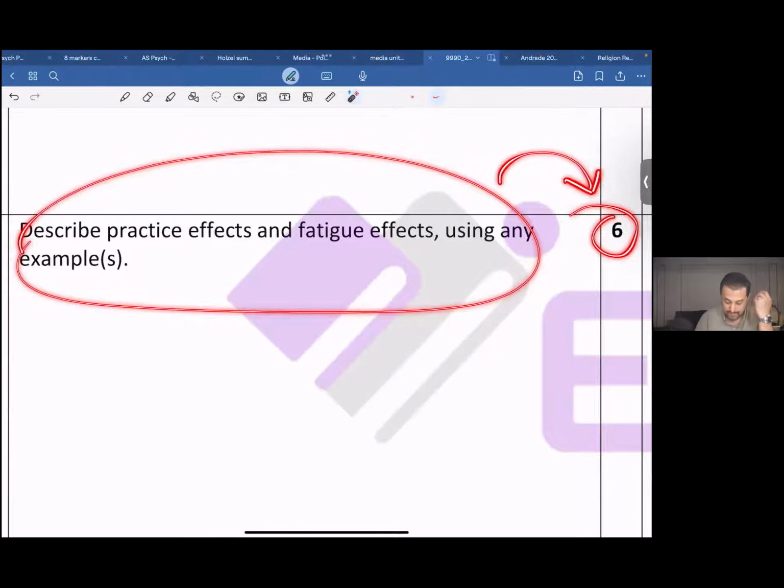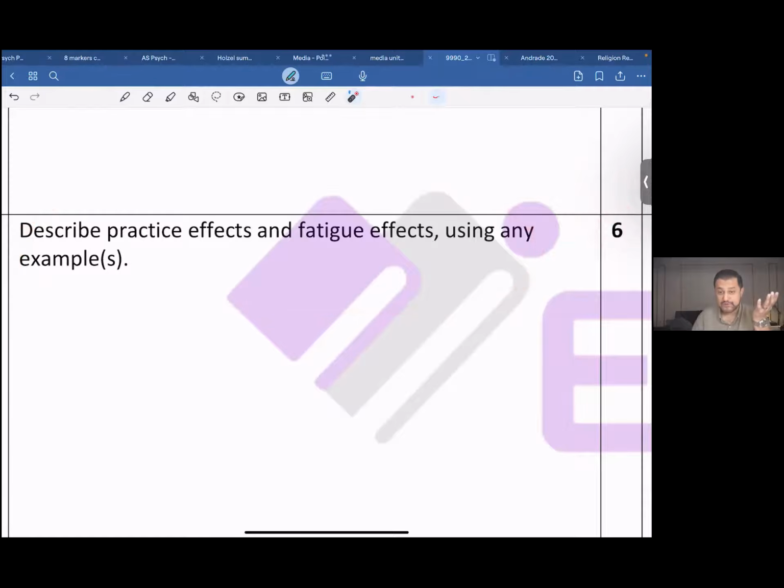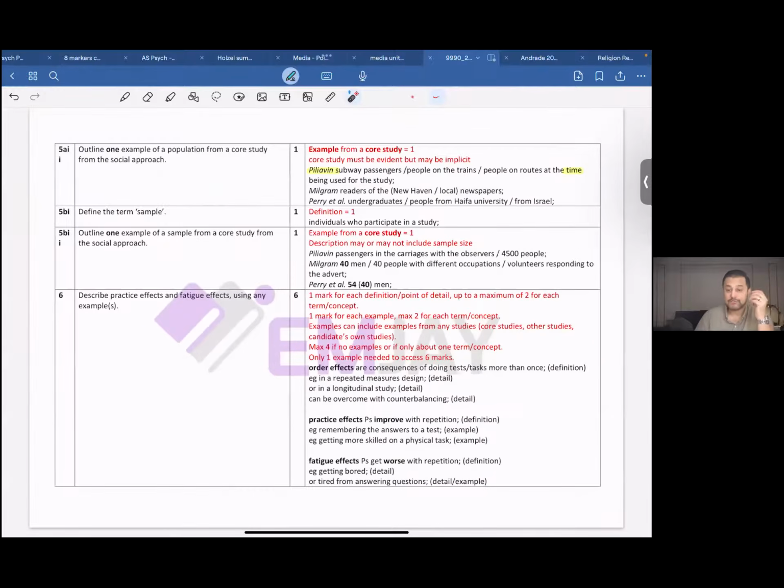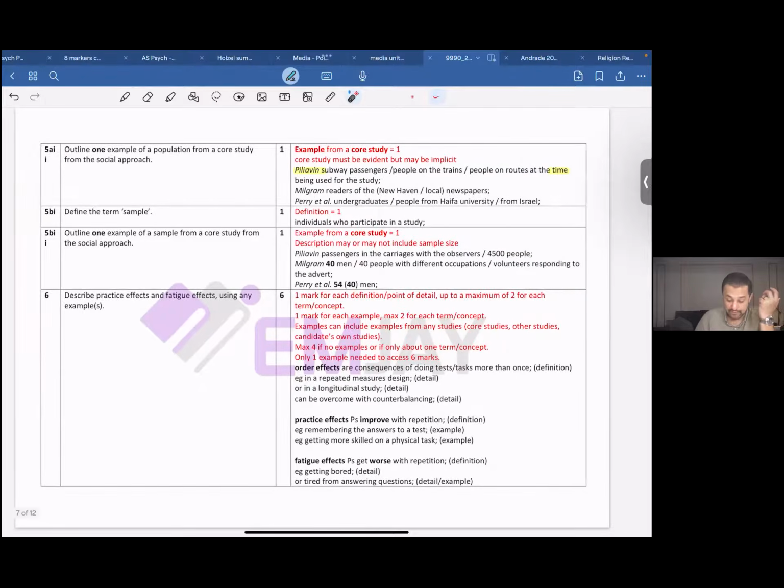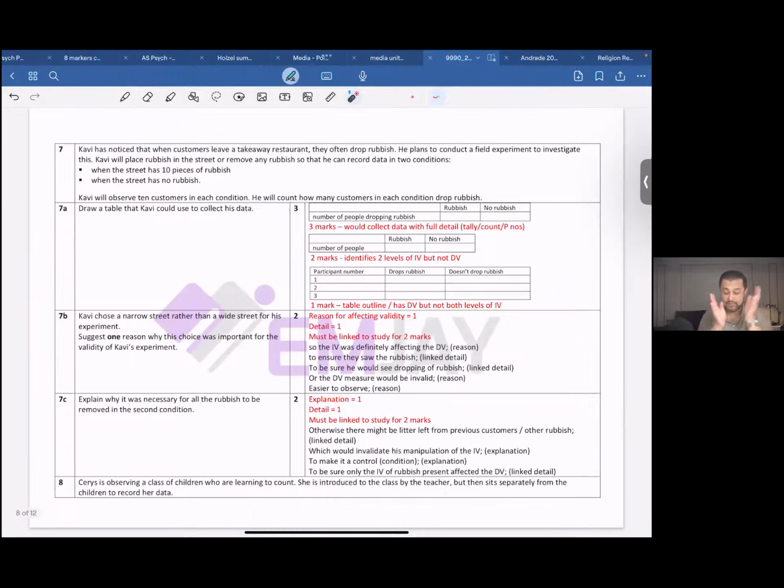There are multiple questions that I've made you practice as well as a 6 marker. So yeah, this could be just added to that list. The first 5 questions, we spoke about what they would be. The sixth question of 6 marks, they typically ask you to describe any two things along with giving examples. Now question number 7, question number 8, and question number 9 are usually questions that test your grip on research methodology.